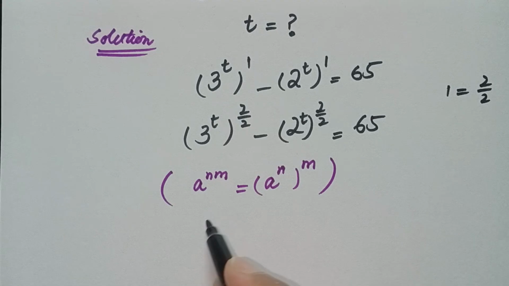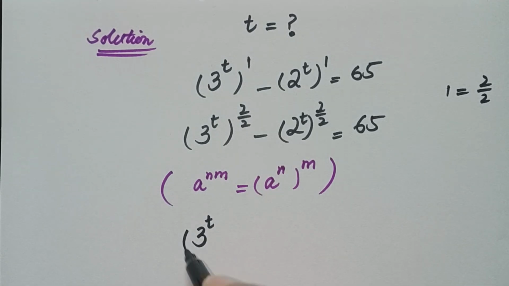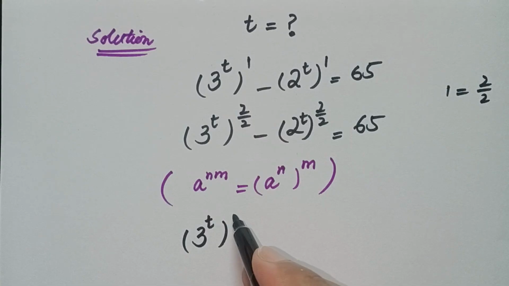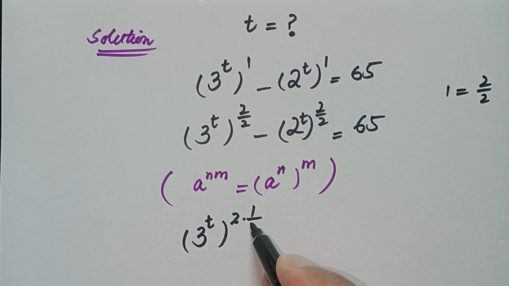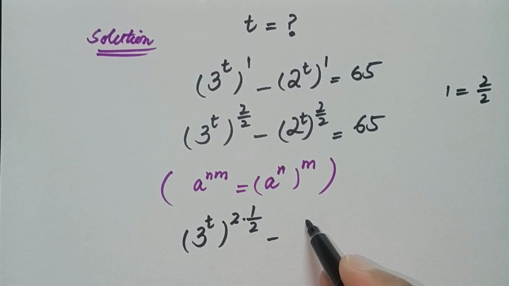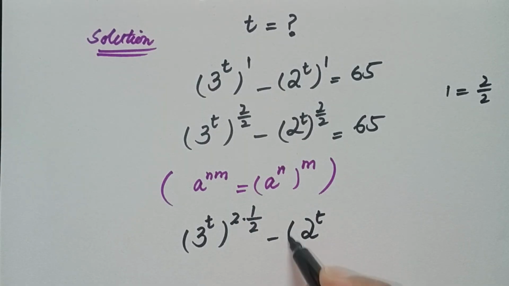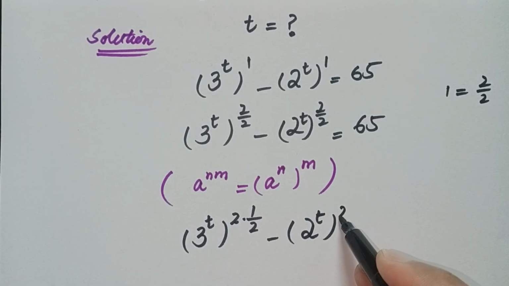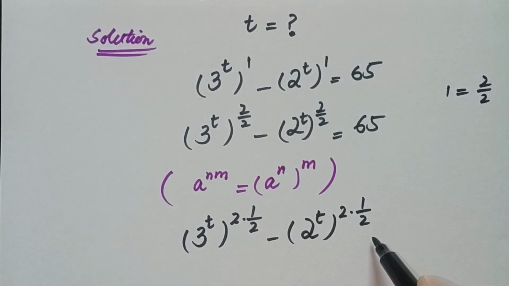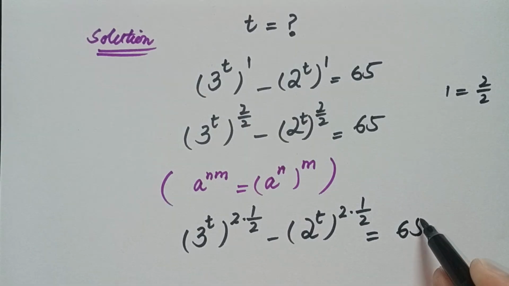We can write (3^t) whole power 2/2 as 2 times 1/2, minus 2^t, where 2/2 can be written as 2 times 1/2, is equal to 65.